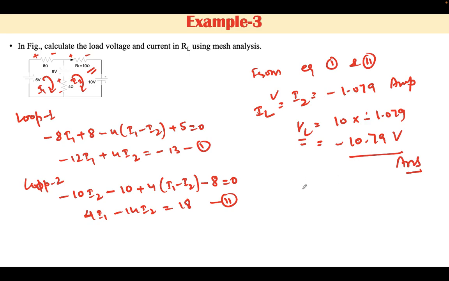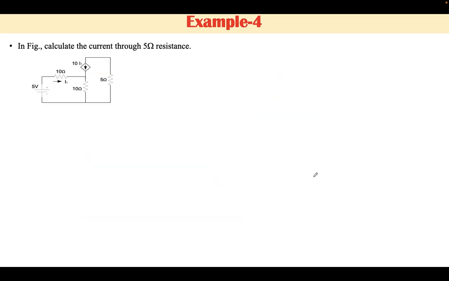Now considering another example, in this case we have to find out the current through the 5 ohm resistance. Let's redraw this network. This network can be drawn like that.